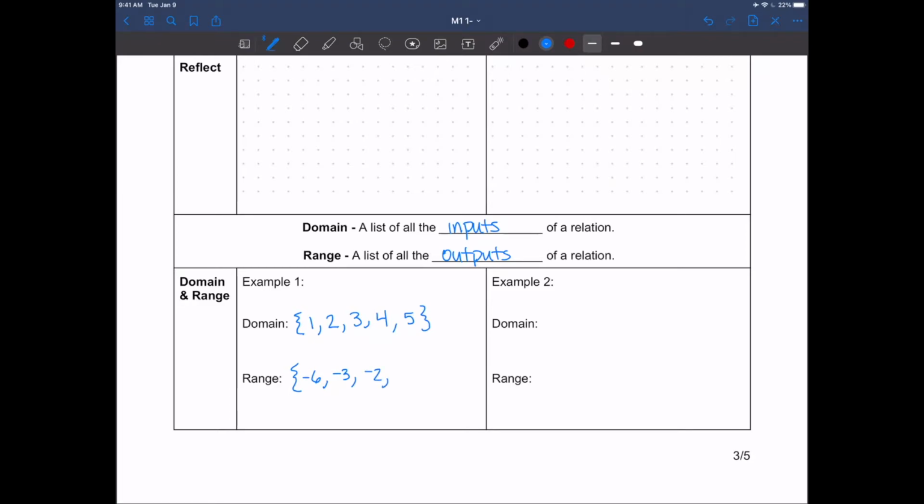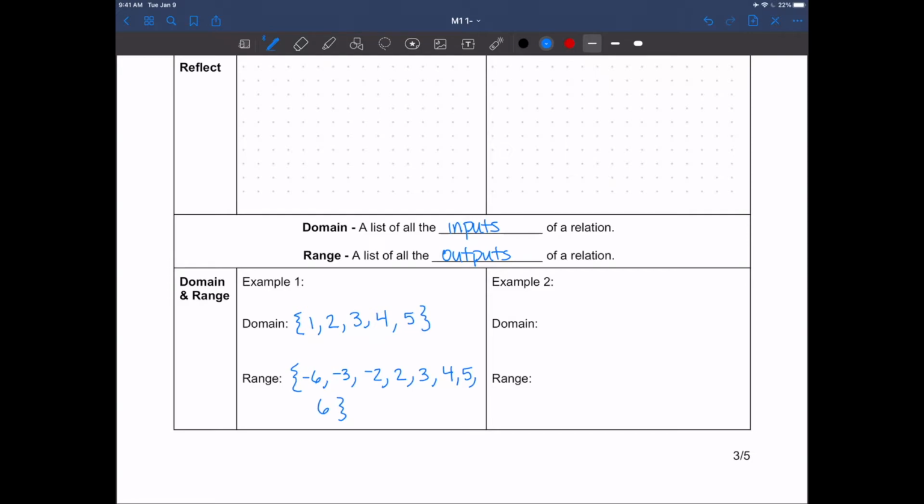Let's see what comes next. 2 comes next. 3, 4, 5, 6. I think I got them all. Let me count. 1, 2, 3, 4, 5, 6, 7, 8. Awesome. These are the list of all of the outputs.